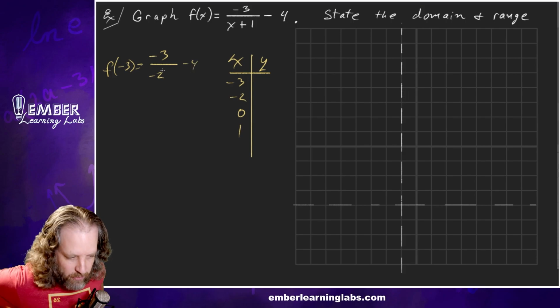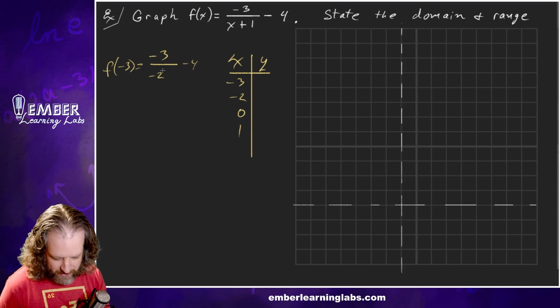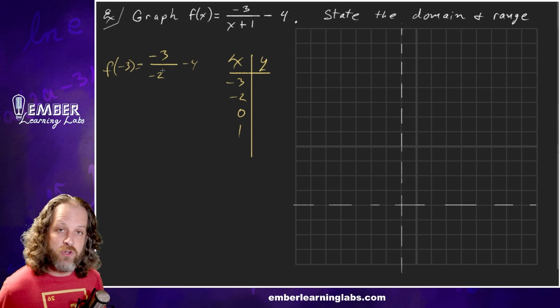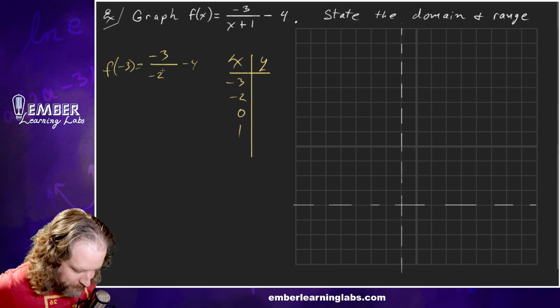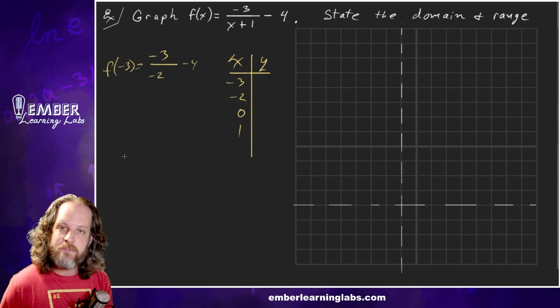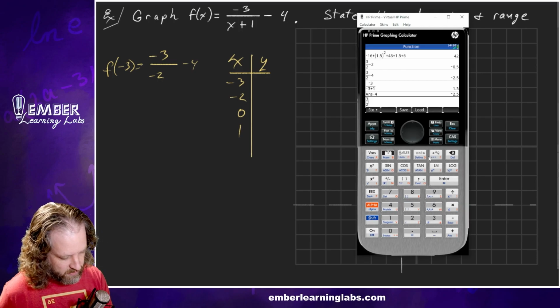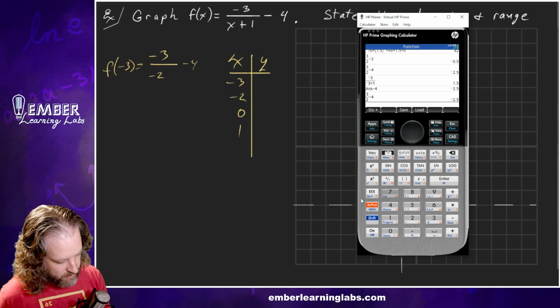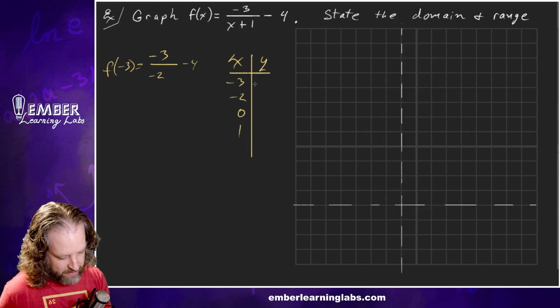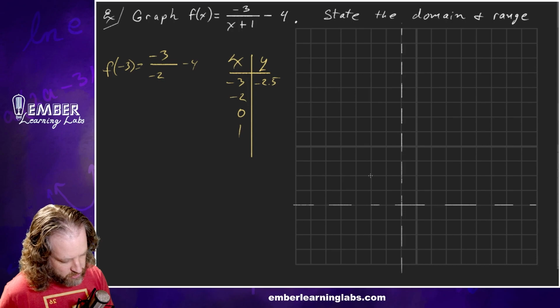Now we could do that in our head and get -2.5. But for the more visual among us, let's chunk that in the calculator. Negative over negative is a positive, right? So we can just do 3 halves minus 4, and we do in fact get -2 halves, -2.5.